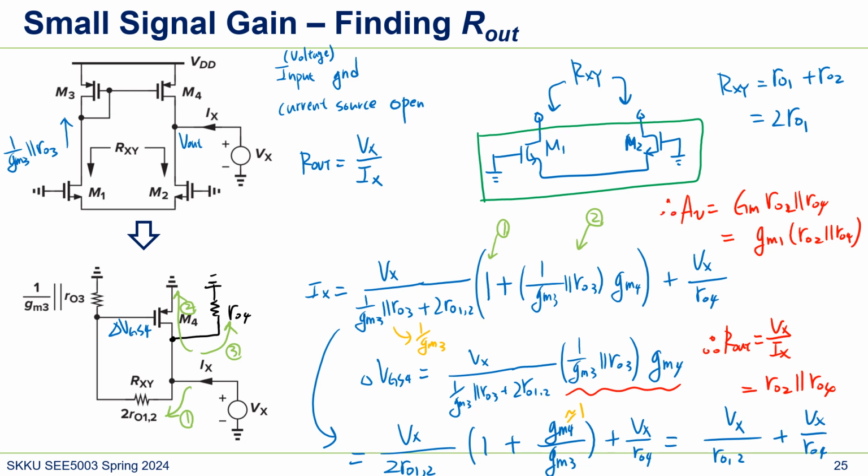So the final answer is the same, right? Final answer between the simpler one, assuming the symmetry. That's also how we got this gain, and then also in here the more accurate one.